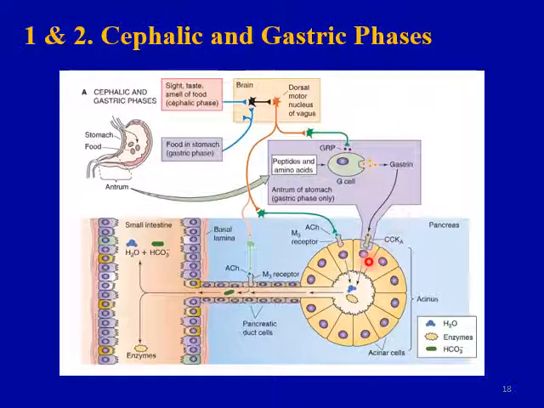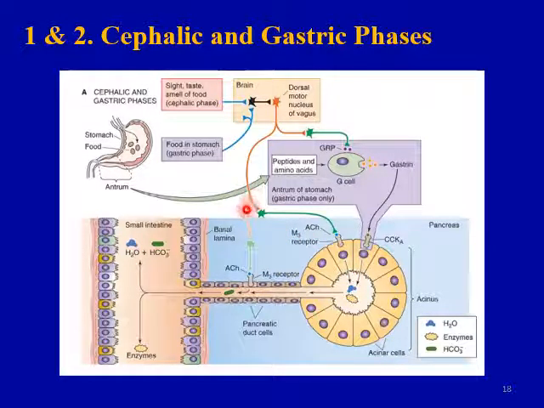Gastrin will stimulate CCK1 or CCKA receptor on the acinar cells to stimulate enzyme release and a small amount of water and sodium chloride. Also, the parasympathetic fibers will cause the release of acetylcholine at the basolateral membrane of the acinar cells, where we have the M3 subtype of receptors, muscarinic receptor subtype 3, and this again will stimulate the release of enzymes.